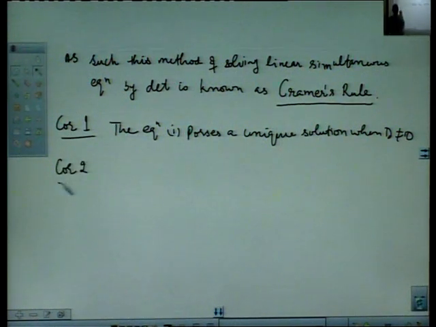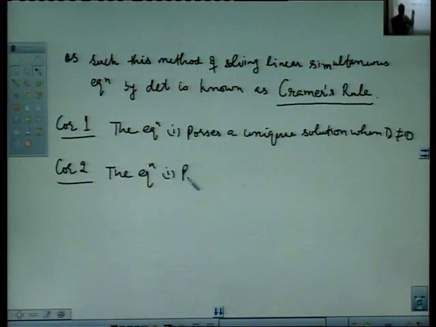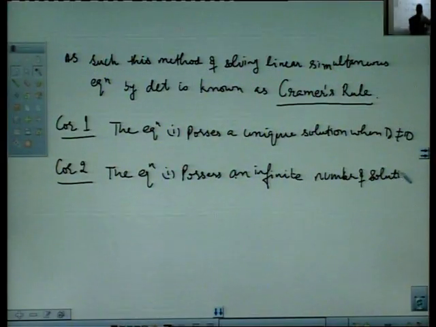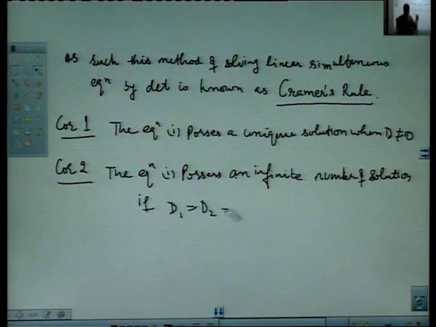Corollary 2: the equation 1 possesses an infinite number of solutions if D1 equal to D2 equal to D3 equal to D equal to 0.